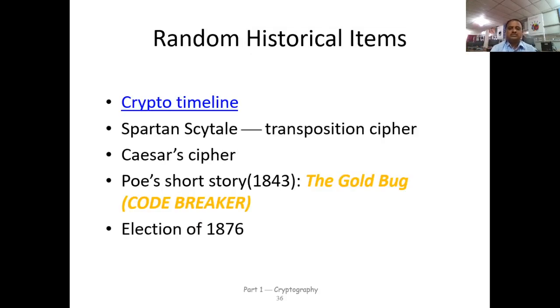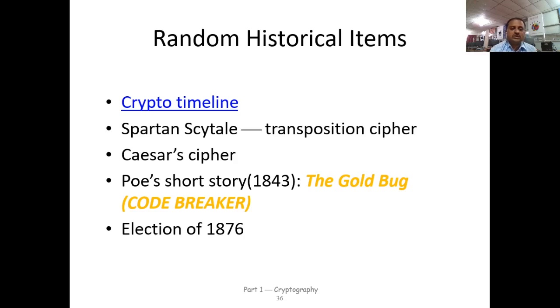Now the next concept is random historical items. In this crypto timeline, these are just examples of how exactly the transformation cipher works. Pattern Kettle uses the transformation cipher, then the Caesar cipher, then a Poe short story in 1843, The Gold Bug, a code breaker. One more example is the election of 1876.